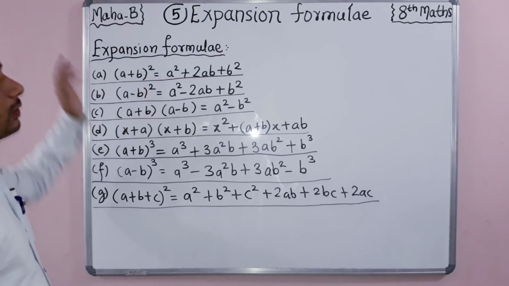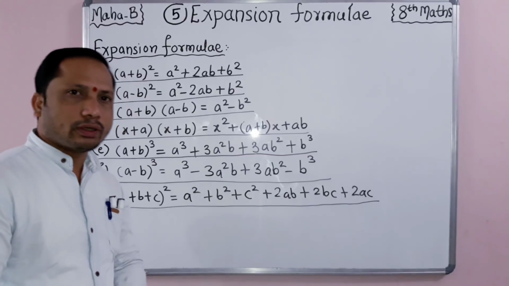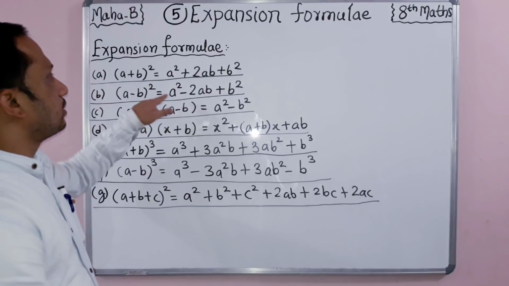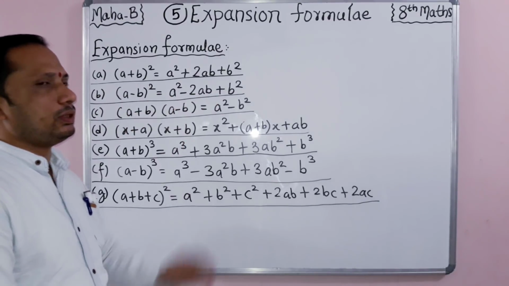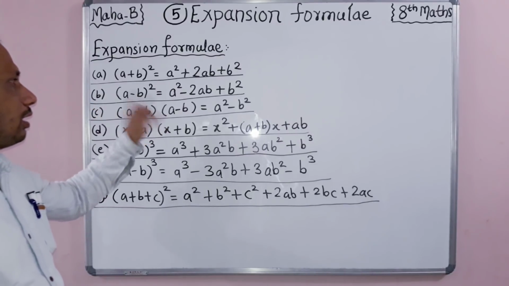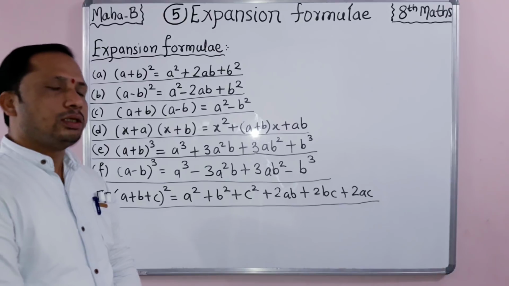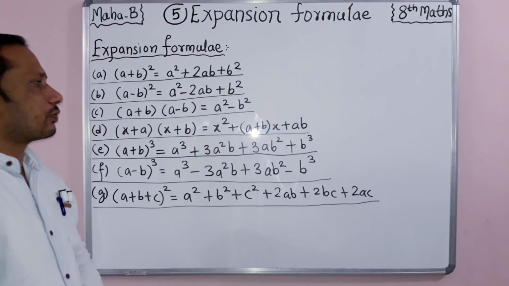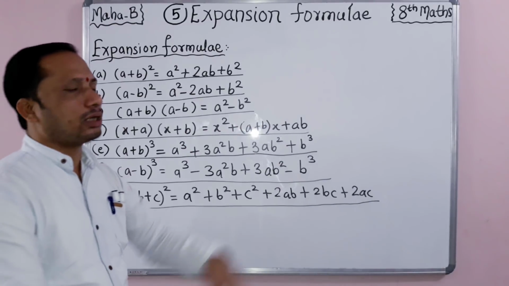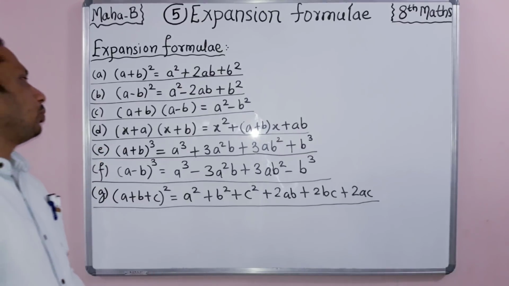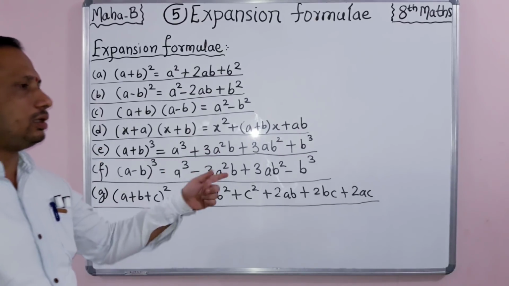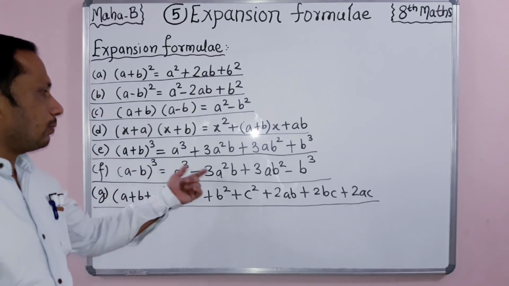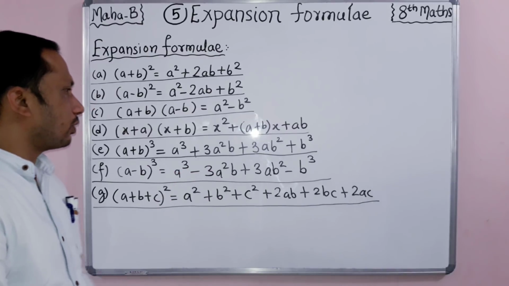(a plus b) whole square is equal to a square plus 2ab plus b square. (a minus b) whole square is equal to a square minus 2ab plus b square. (a plus b) into (a minus b) is equal to a square minus b square. (x plus a) into (x plus b) is equal to x square plus (a plus b) into x plus ab. (a plus b) cube is a cube plus 3a square b plus 3ab square plus b cube. (a minus b) cube is a cube minus 3a square b plus 3ab square minus b cube.